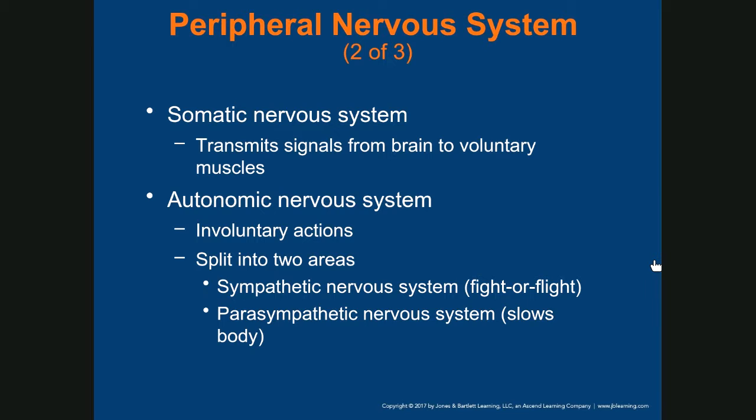However, even though the somatic nervous system is a voluntary system, you can have a spinal reflex action, right? Meaning the signal bypasses the brain, doesn't go to the brain. So if I picked up something that was hot, I'm not going to hold it and have a thought process, right?